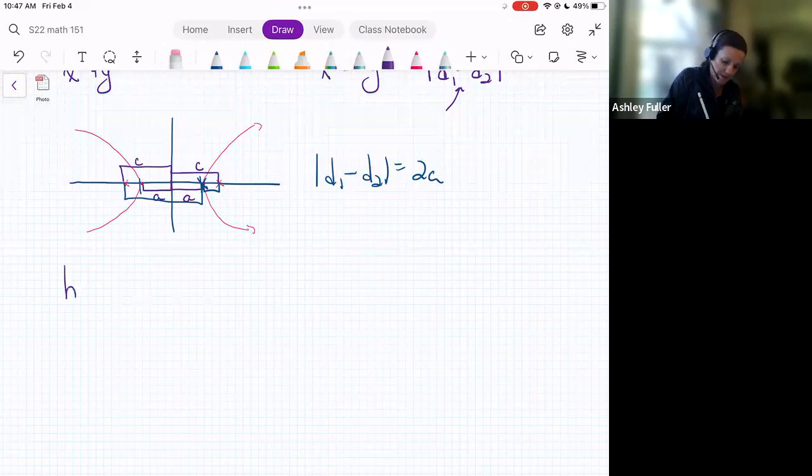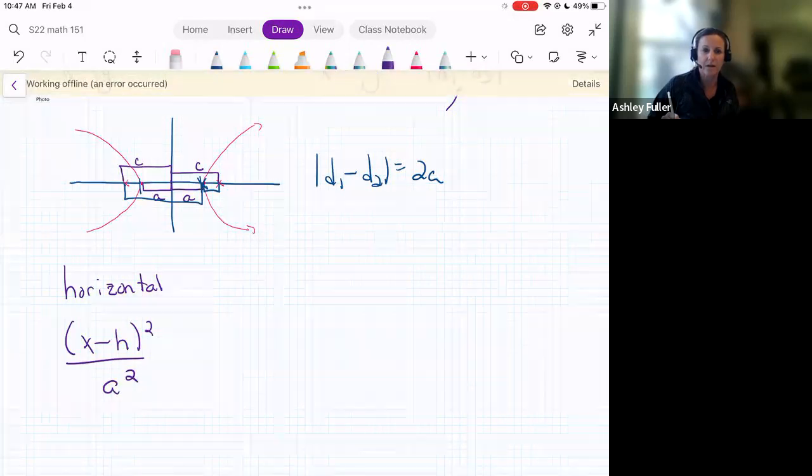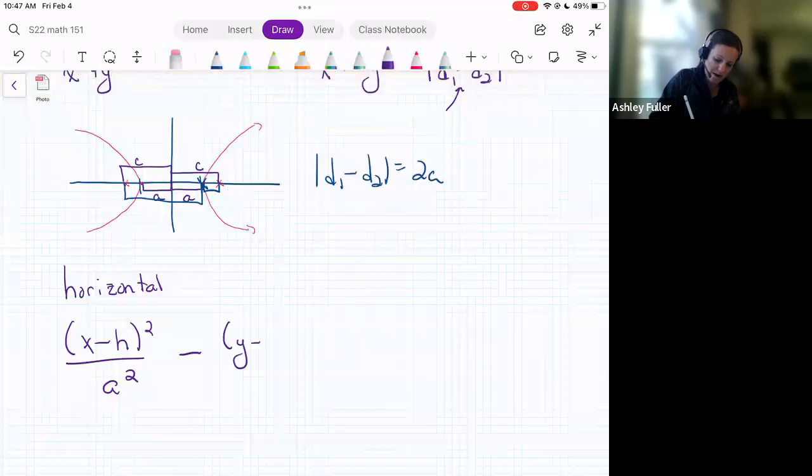For a horizontal hyperbola, you're going to have x minus h squared over a squared, again with a being the distance from the center of the hyperbola to the vertex, minus y minus k squared over b squared equals 1.